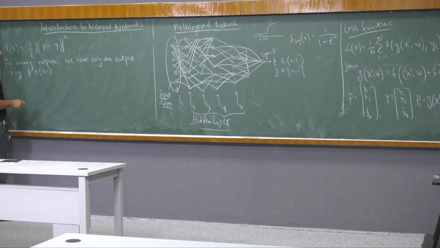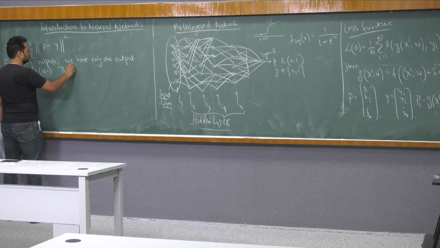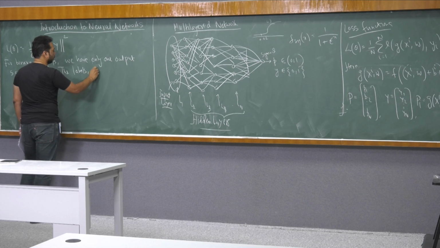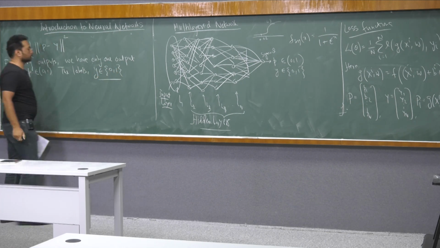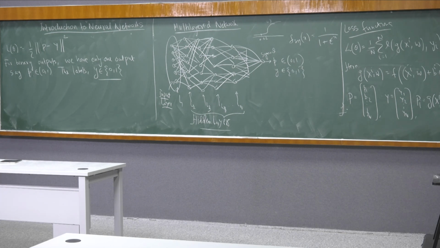The labels, y, are 0 or 1, and the probability values, the output that we produce, are in the interval 0 to 1. With this we can now build a loss function.